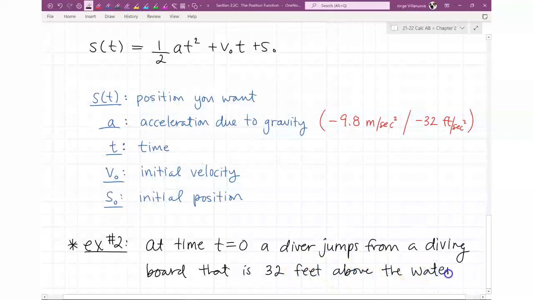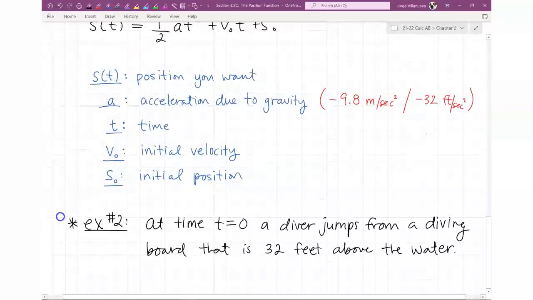Notice they mentioned feet. So if I'm going to use acceleration due to gravity, I'm going to make sure I use negative 32 feet per second squared for A. I don't want to use negative 9.8 and mix meters with feet, because then you have to do conversions and stuff. So I'd rather not do that.